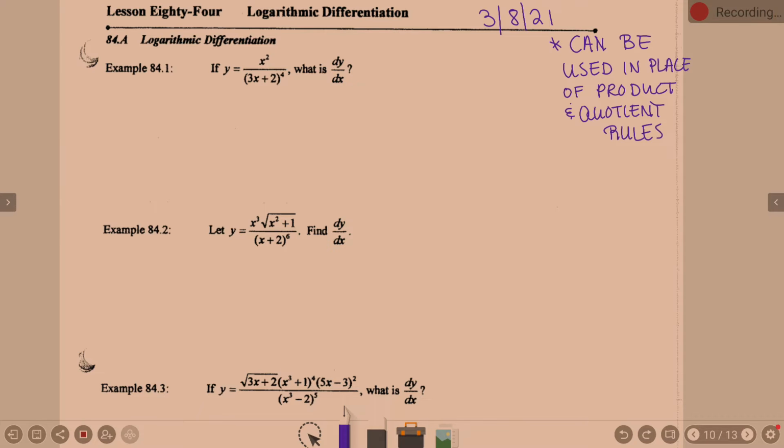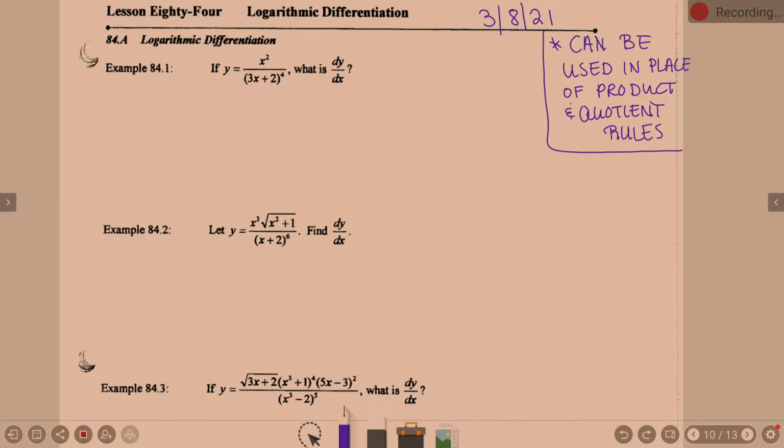That is one little side comment I wanted to get noted. It's basically another method to take derivatives.